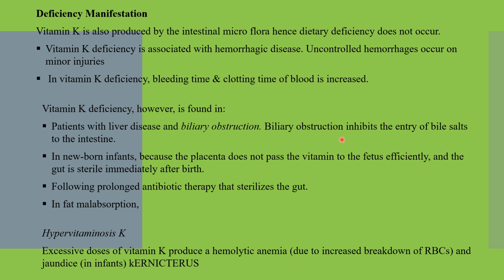Biliary obstruction inhibits the entry of bile salts into the intestine, and the absorption of vitamin K happens with chylomicrons and bile salts. That's how there is a deficiency in conditions of biliary obstruction.